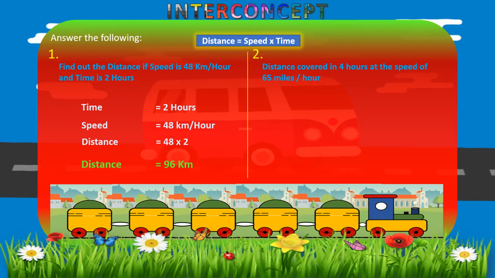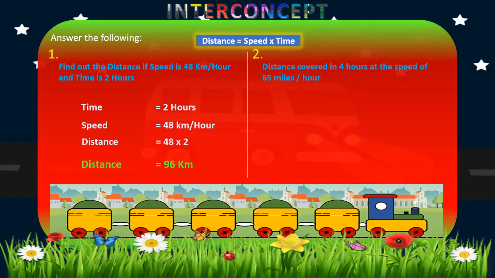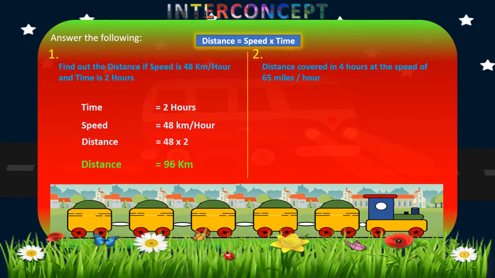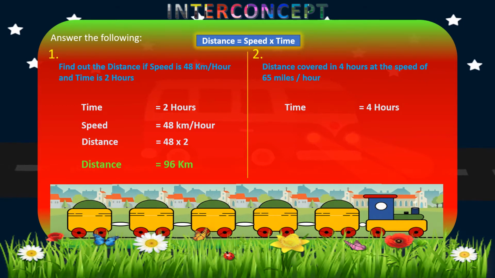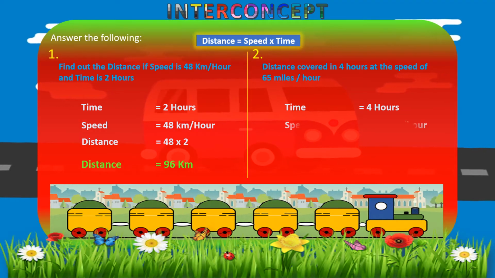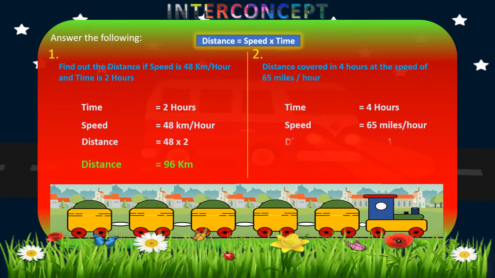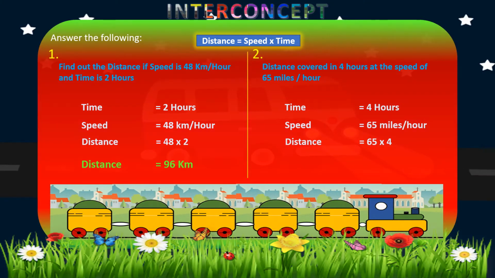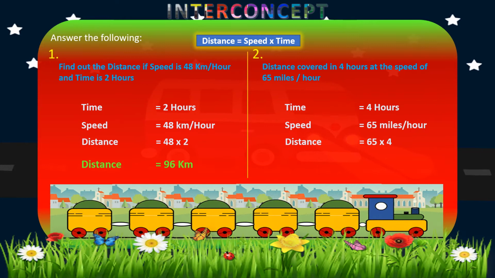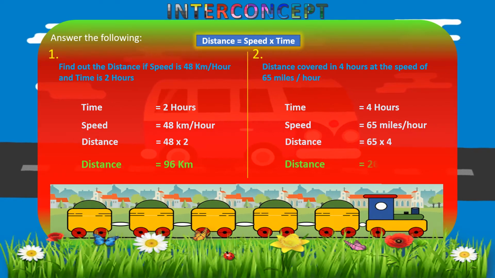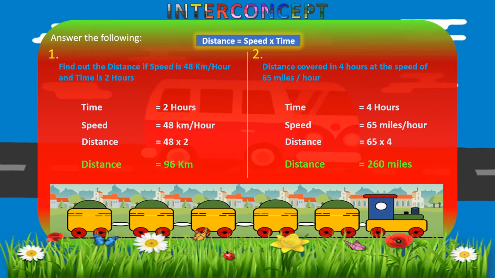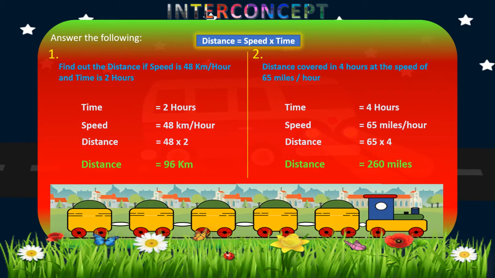Then distance covered in 4 hours at the speed of 65 miles per hour. Here time is 4 hours and the speed is 65 miles per hour. So the distance is equal to 65 into 4. The answer is distance is equal to 260 miles.